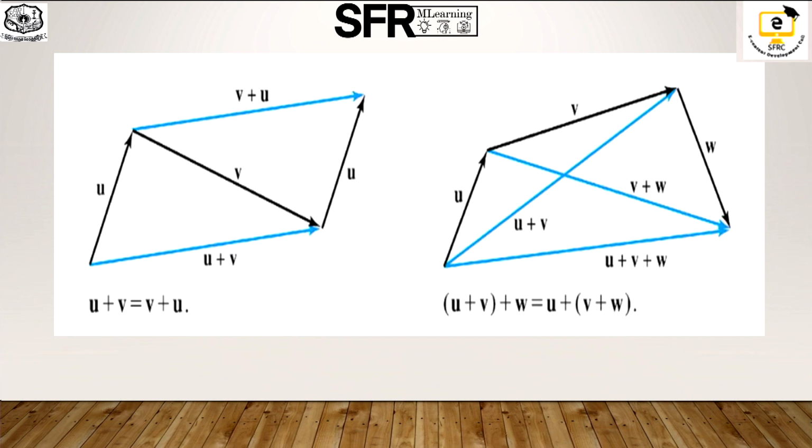We divide this parallelogram into two triangles: in the first triangle, U and V are added as U plus V. In the opposite triangle, we get V plus U, so U plus V equals V plus U. In the second figure, we have three vectors, U plus V plus W. We have the associative property: U plus V plus W equals adding V plus W first and then adding U. So it also satisfies the vector addition condition for n vectors.